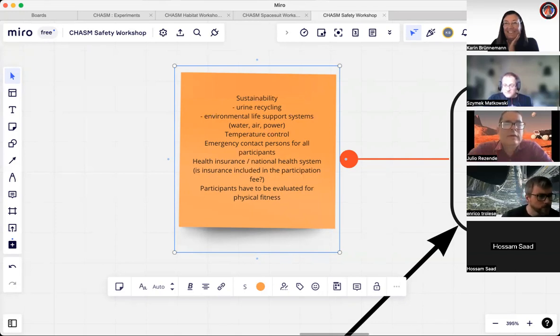Yes, about the comment of Kushi, she's saying that for holistic simulations, we should also include a communication plan that outlines how information will be shared among team members and also providing training on effective communication strategies.